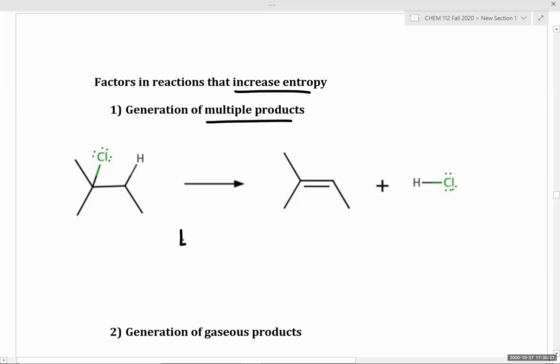This is commonly seen in elimination reactions, where we take a reactant molecule and after elimination, we generate two product molecules. Notice that this reaction is not necessarily favored via enthalpy, but it is highly favored via entropy. Does this make sense to everyone? This idea that depending on the number of product molecules that you generate, the reaction can be either favored or disfavored via entropy.